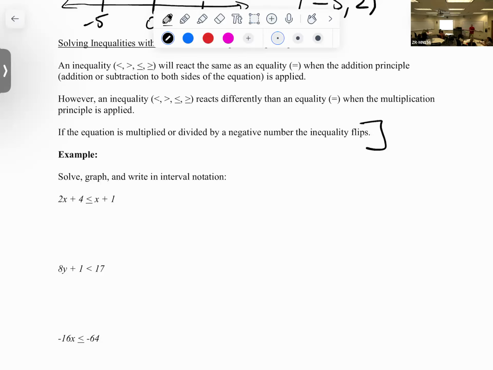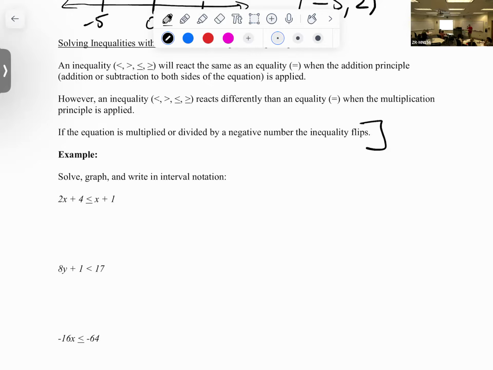So anytime you multiply or divide by a negative number, the inequality flips the other direction. That's the biggest rule that you have to remember, to make sure you adjust that when you're solving. Now, you can almost always avoid that just by adding and subtracting.